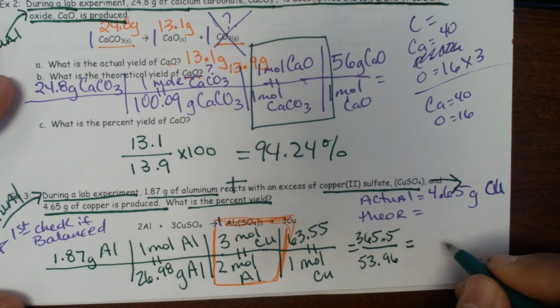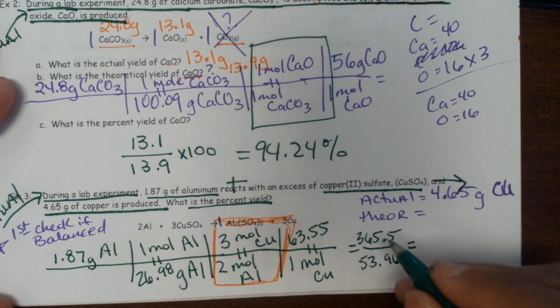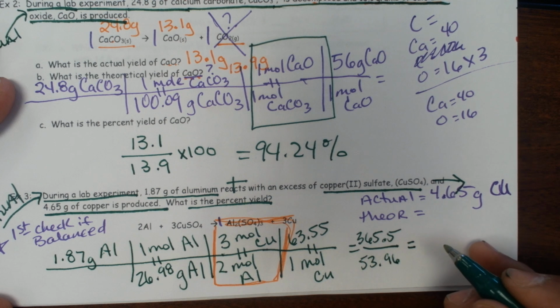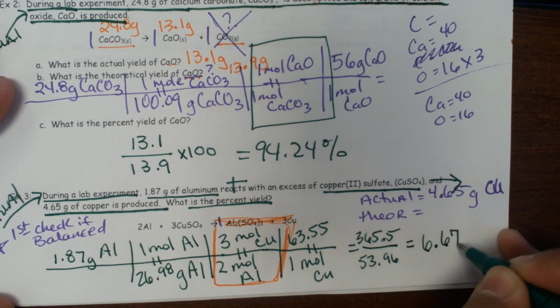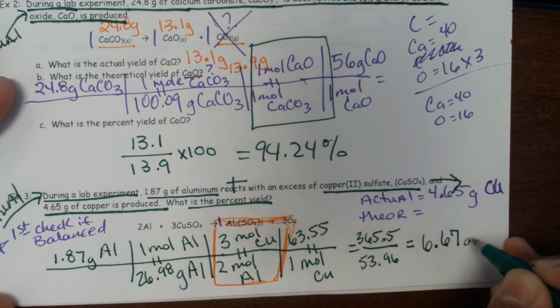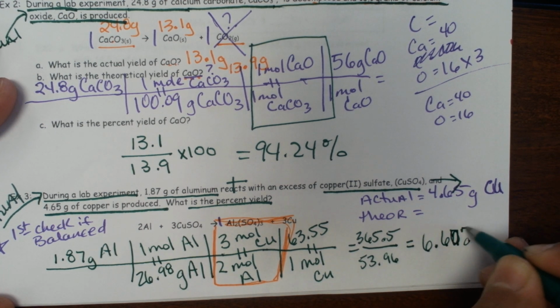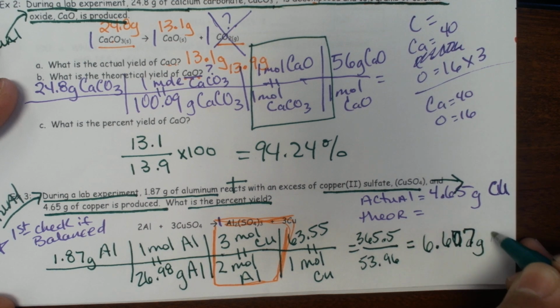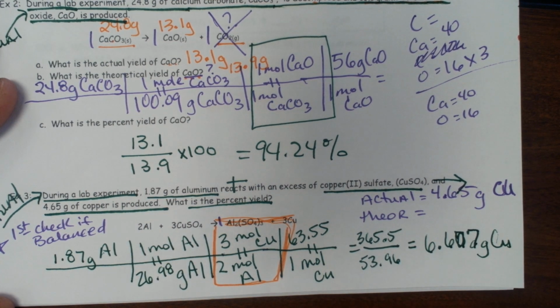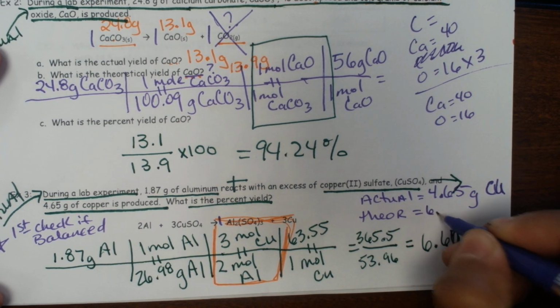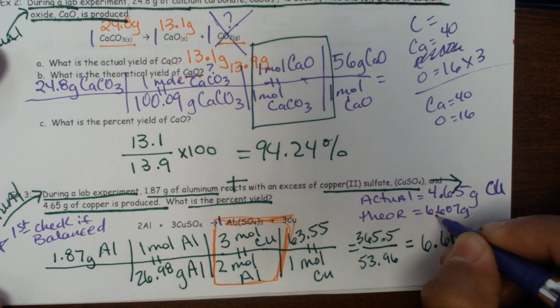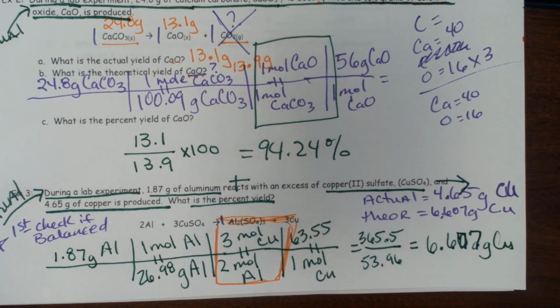Now divide. 6.607 grams of Cu. And I'm going to put right here, this is theoretical, because we just did this with the calculator. 6.607 grams of Cu.